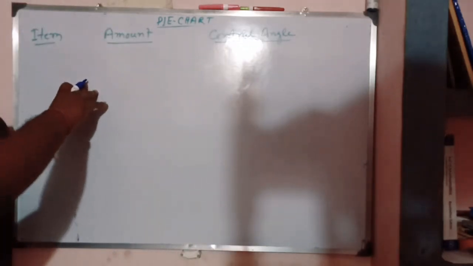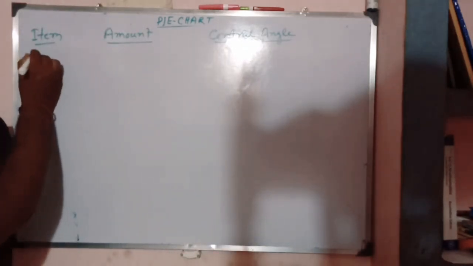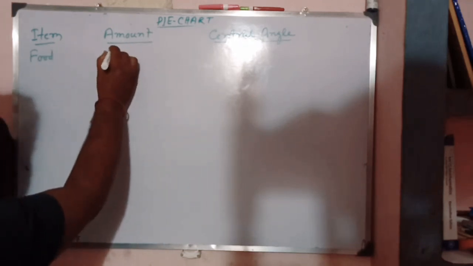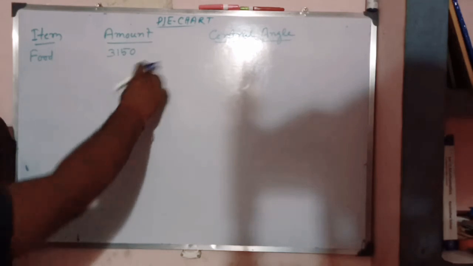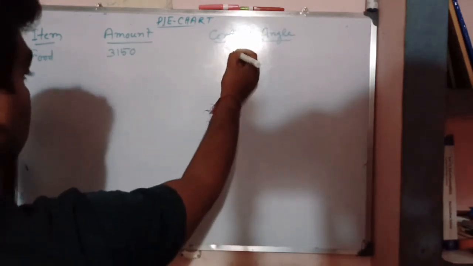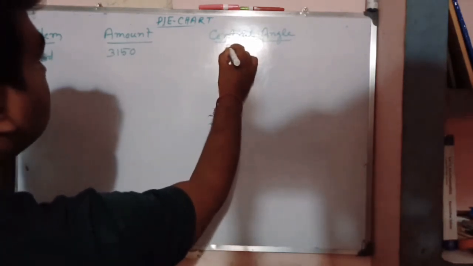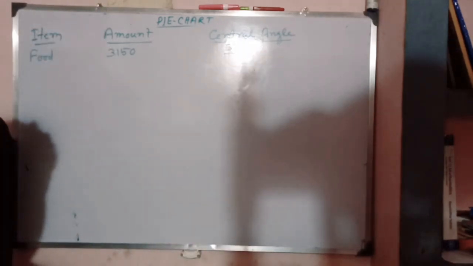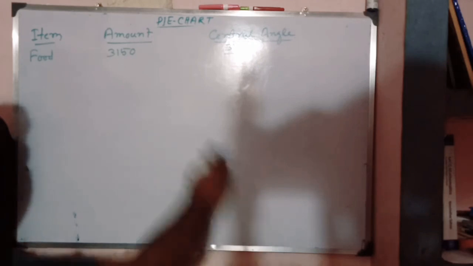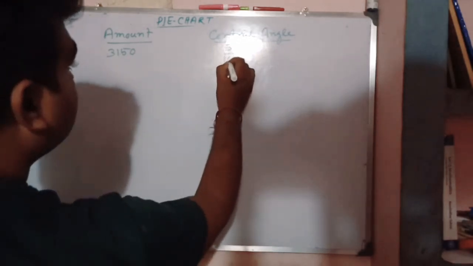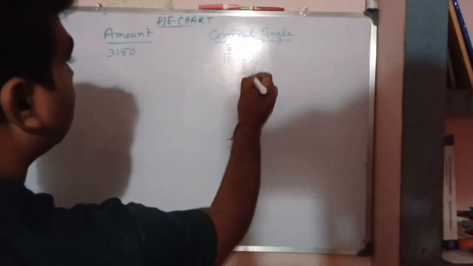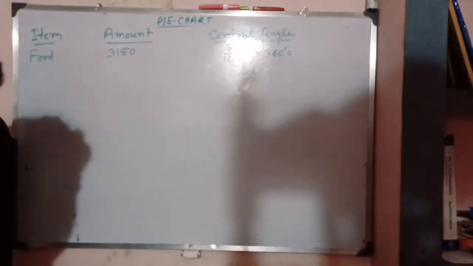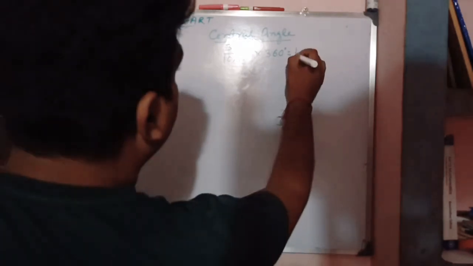Item, first comes food. The amount is 3150. Central angle is equal to 3150 divided by the total money, 10,800, into 360 degree. If we calculate it, we get 105 degree.